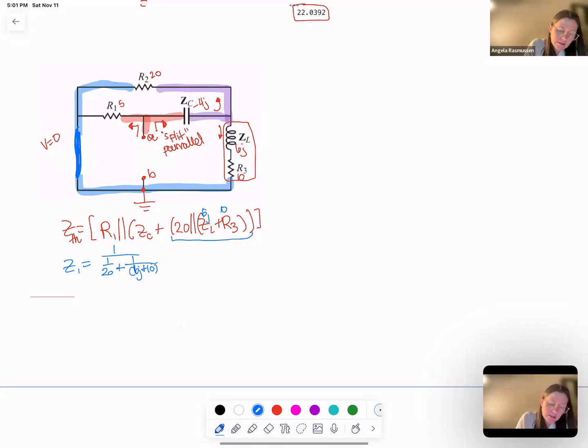And then using that, my ZTH can be written as 1 over R1, which is 5, plus 1 over, and then ZC is minus 4J, plus Z1.